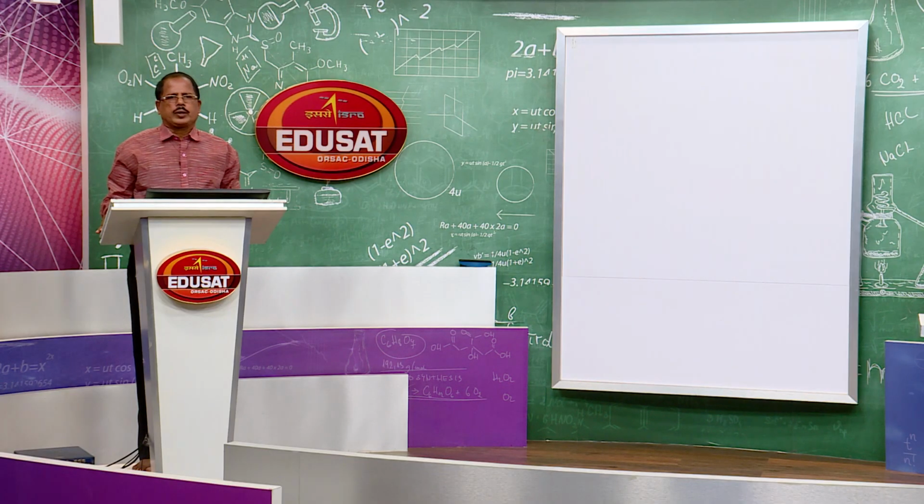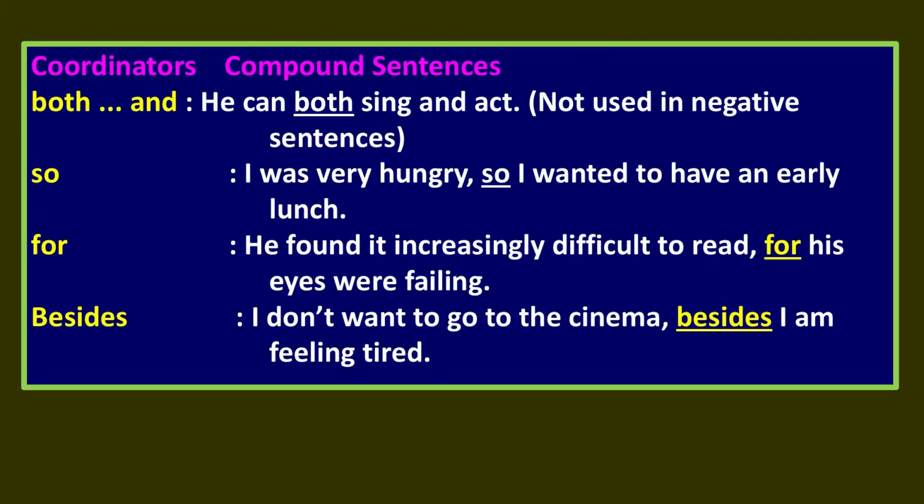Dear children, we have already seen some coordinators, and you can now see some more: both and, so, for, besides. He can both sing and act, and mind it, 'both and' cannot be used in negative sentences. You cannot say, he cannot both sing and act.